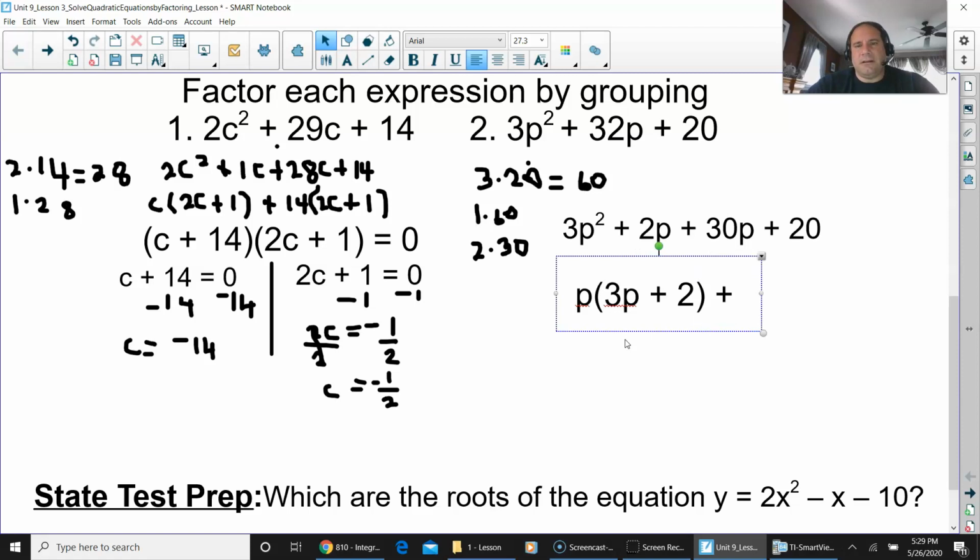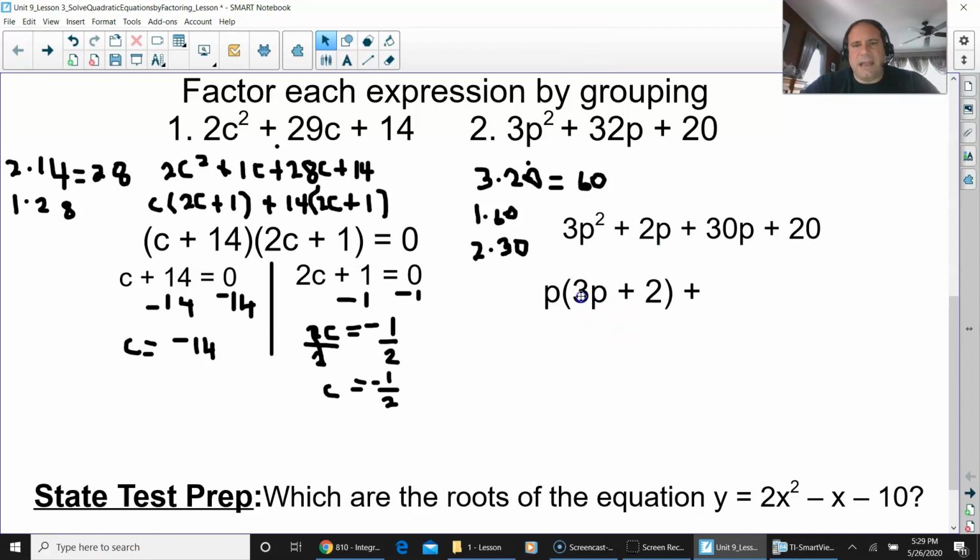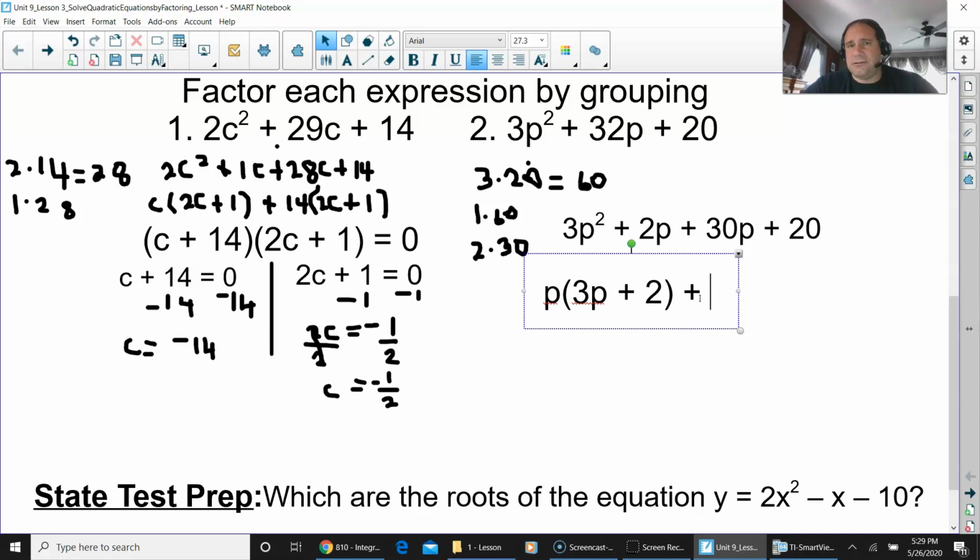I put the addition sign down, and now I am going to factor out the second pair of terms. So I have 30p and 20. What's the largest number that goes into both of those? 10. Good. It's not a 10p because the 20 does not have a p. So 10 times what equals 30p? 3p.